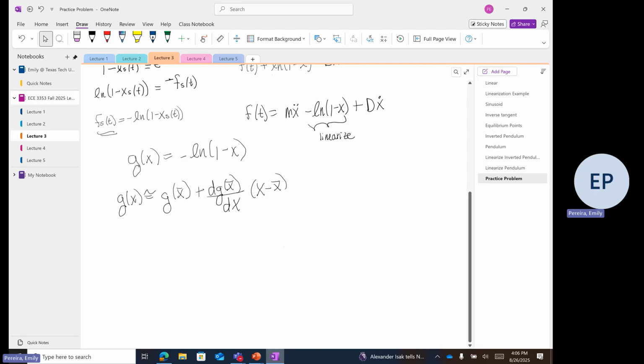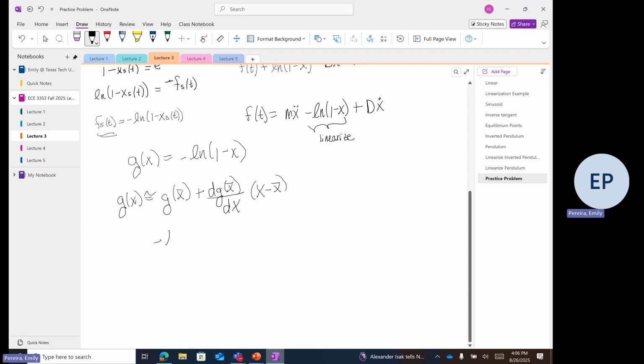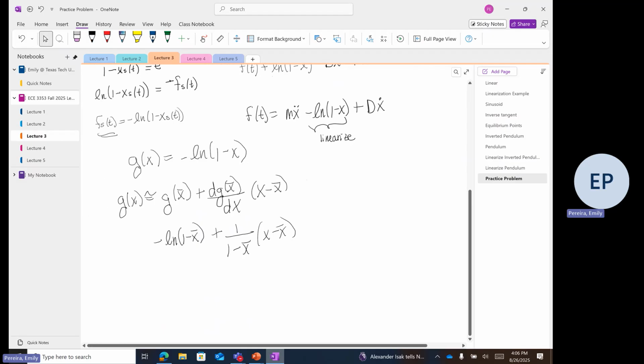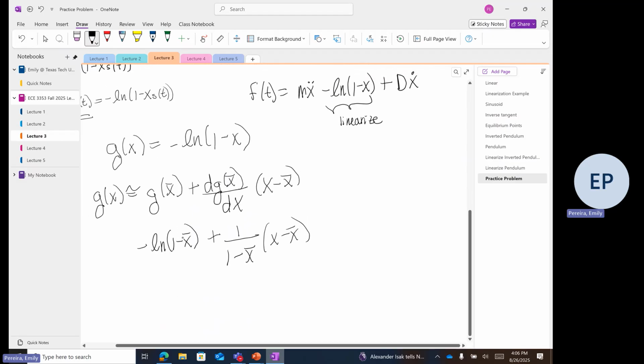So this is equal to the natural log of 1 minus x bar plus the derivative, which is 1 over 1 minus x bar times x minus x bar. So you may not remember this derivative, but the derivative of the natural log is 1 over 1 minus x bar times, and it's positive because we multiply by the derivative of this guy, which is -1.